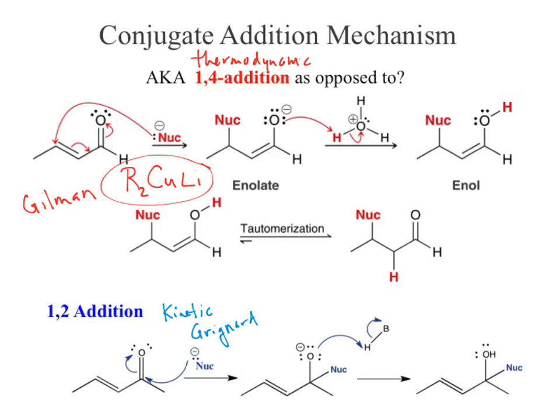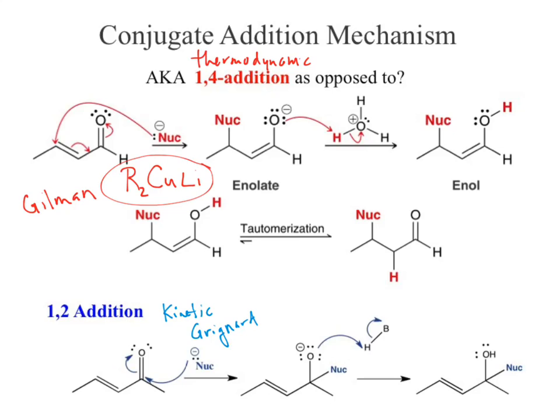Bottom line, what you need to be able to recognize is the difference between a Grignard reagent and a Gilman reagent and how that chemistry changes. If we have a Gilman reagent, we get the 1,4 addition. If we have a Grignard reagent, we get the 1,2.